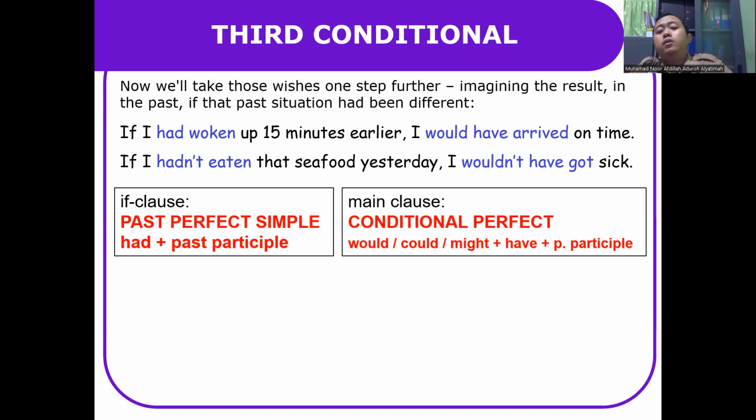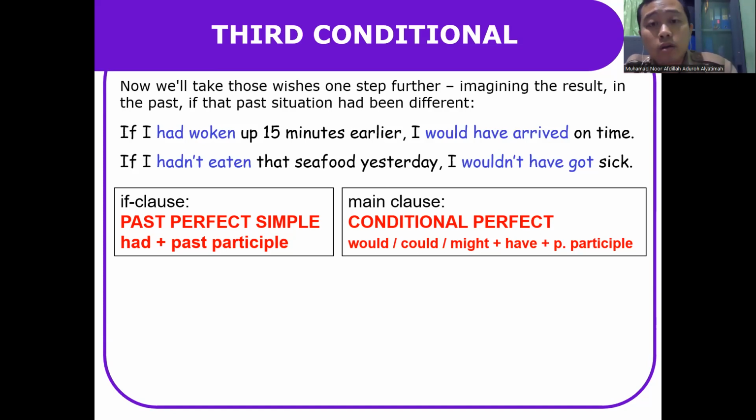So for conditional sentence type 3, we use conditional perfect like would, could, might plus have. Remember, you have to add have and then past participle, or we usually call verb 3. For the if clause, if I had woken up, it is if plus subject plus had plus past participle.